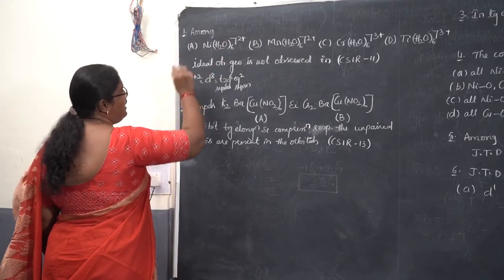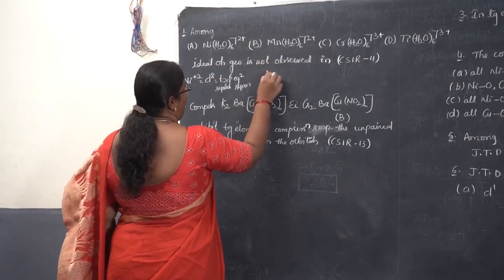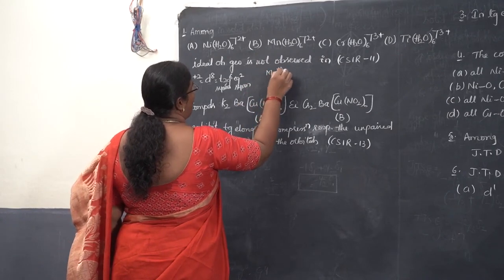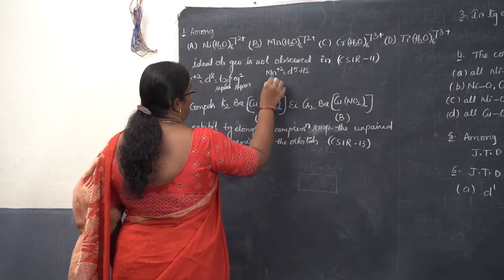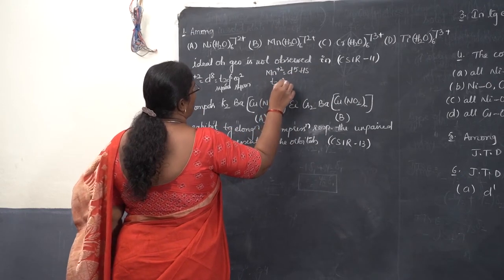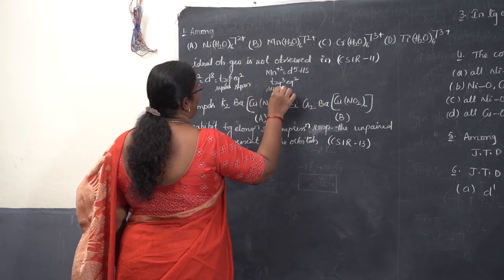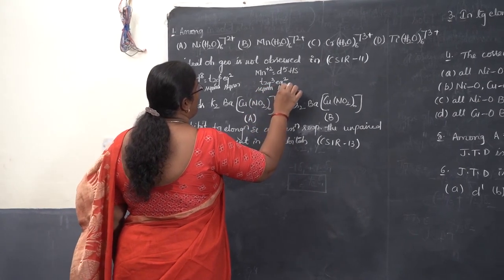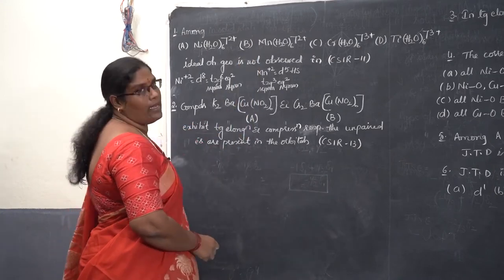So it is an ideal octahedral complex. Now second, Mn plus 2. Mn plus 2, it is d5 high spin. So configuration is t2g3 eg2. Both are symmetric. There is no distortion. So it is an ideal octahedral complex.